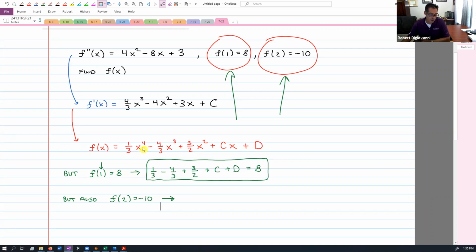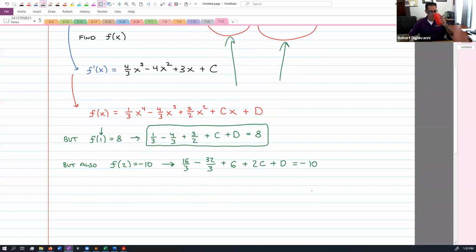Okay, 2 to the 4th power is 16, so 16 over 3 minus, let's see, 2 cubed is 8 times 4 is 32 over 3, so 32/3. 2 squared is 4, and then I'm going to divide by 2, so that's 2, so that's just 6. Plus, now 2 times c is 2c, plus the d, that needs to be -10. Anybody have any questions on what I just did?